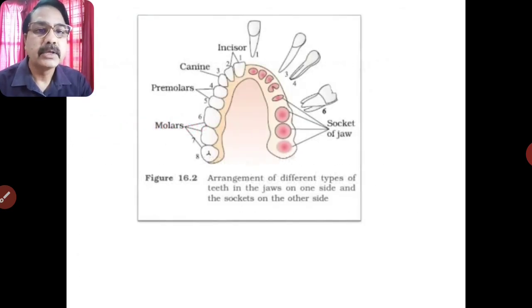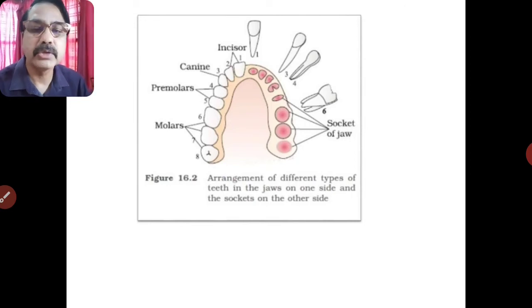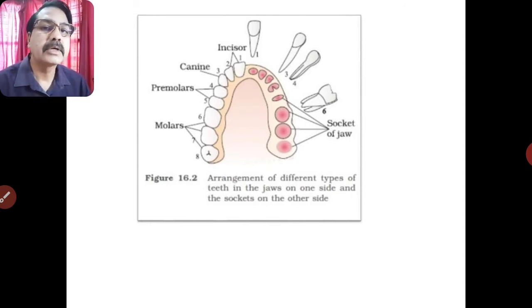Now we can see in this diagram there are 4 types of teeth, which we learned in the junior classes also. The cutting teeth, tearing teeth, and grinding and masticating teeth. So these are of 4 types actually. The cutting teeth are called incisors.